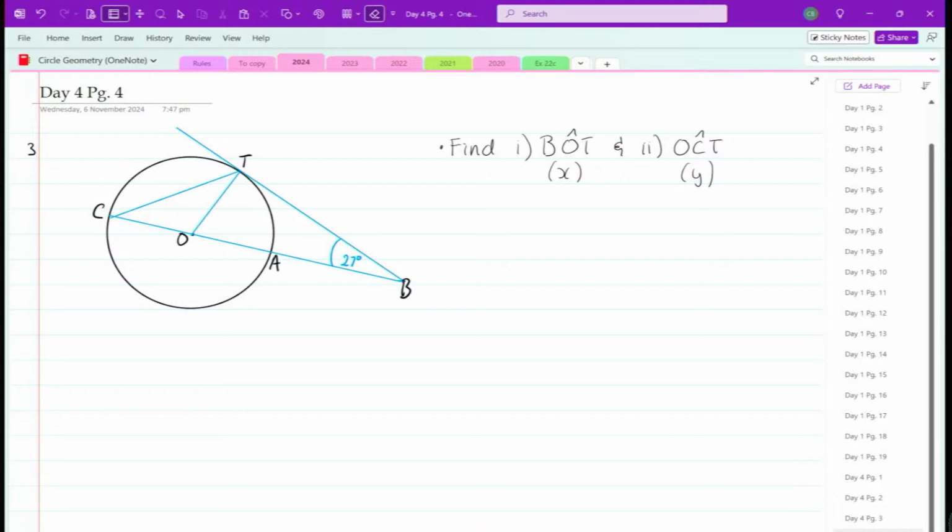So this is going to be 90 degrees. Whatever you get, because these two are here.